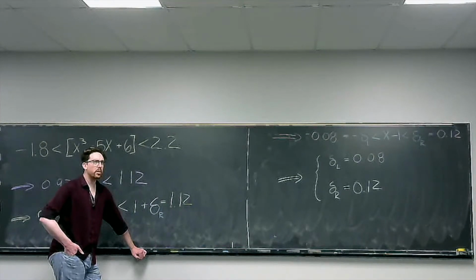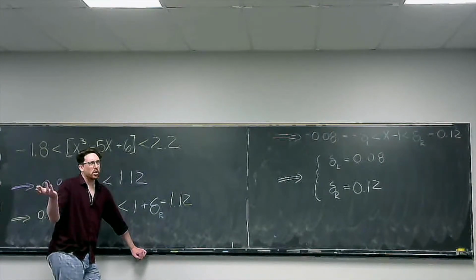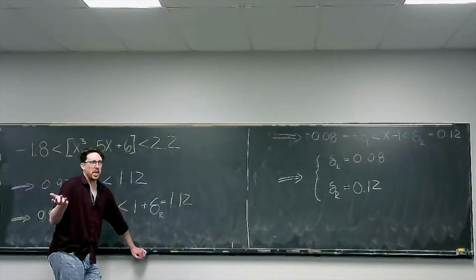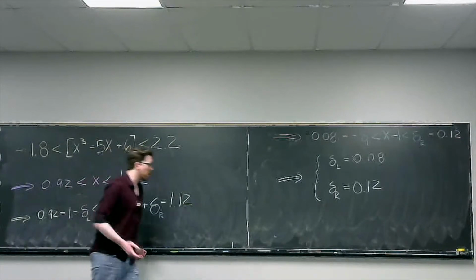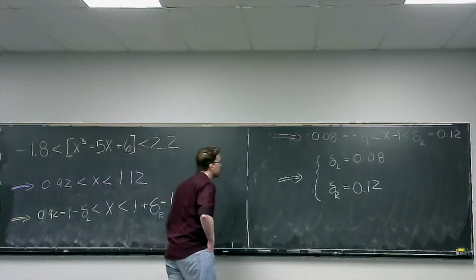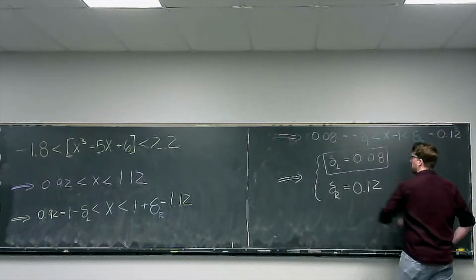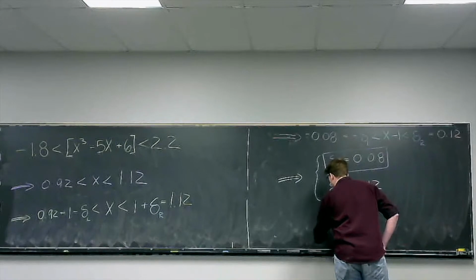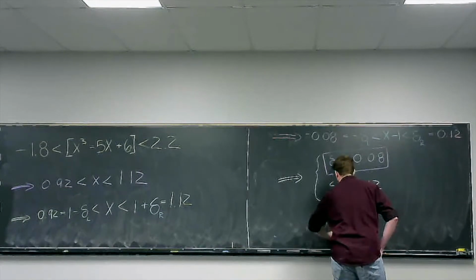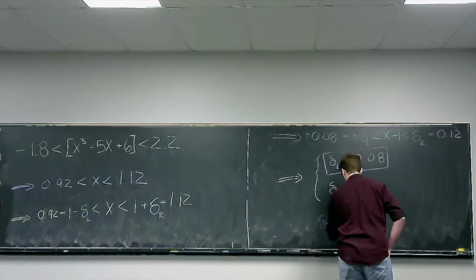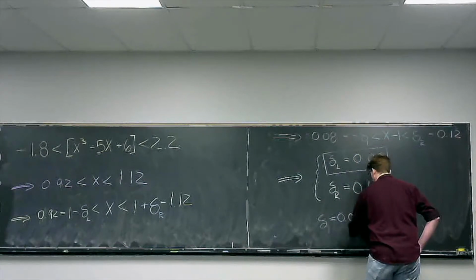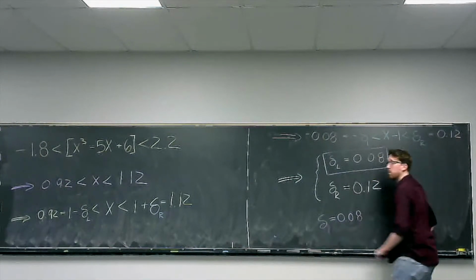That means we should probably go with a conservative answer here, right? The smallest delta ball ought to be the guaranteed answer. And that's what we're going to go with. We're going to choose delta L for our delta. And that's how we would solve this problem.